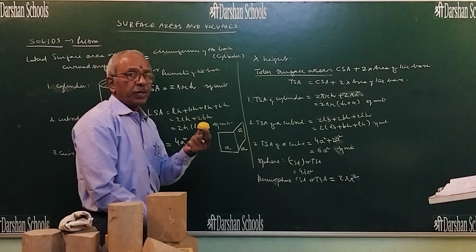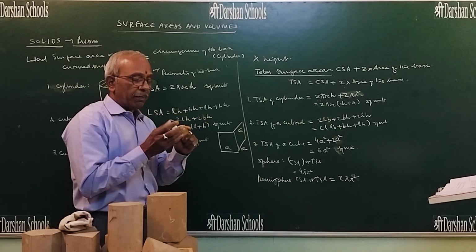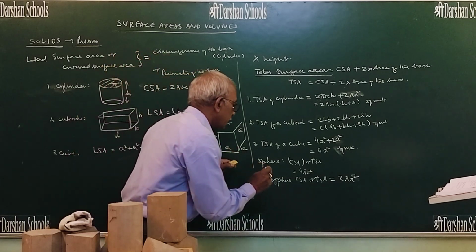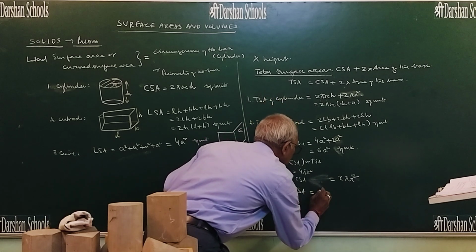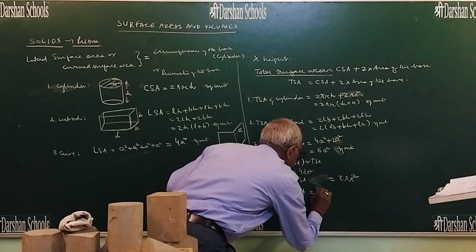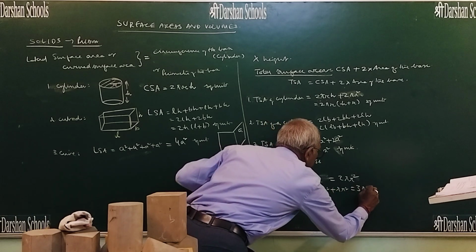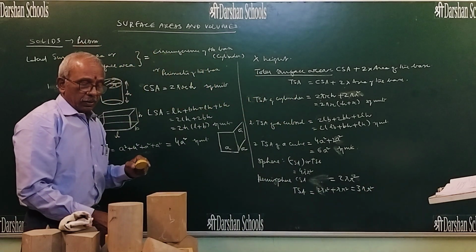And for a hemisphere you have two. One is curved surface area, there is also a base. And the base is pi r square. So here total surface area is given by 2 pi r square plus pi r square. It is 3 pi r square. Right?